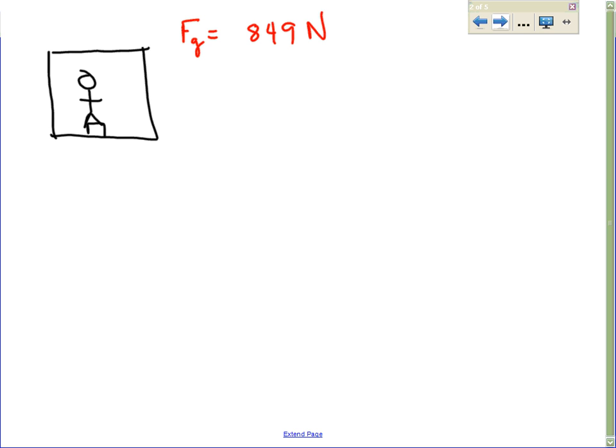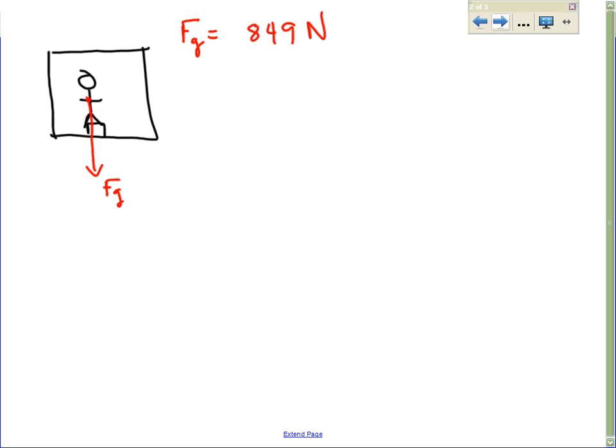So we have the elevator, there's the scale, and my person on the scale in the elevator. We had the weight of the person was 849 newtons. The weight acts straight down.